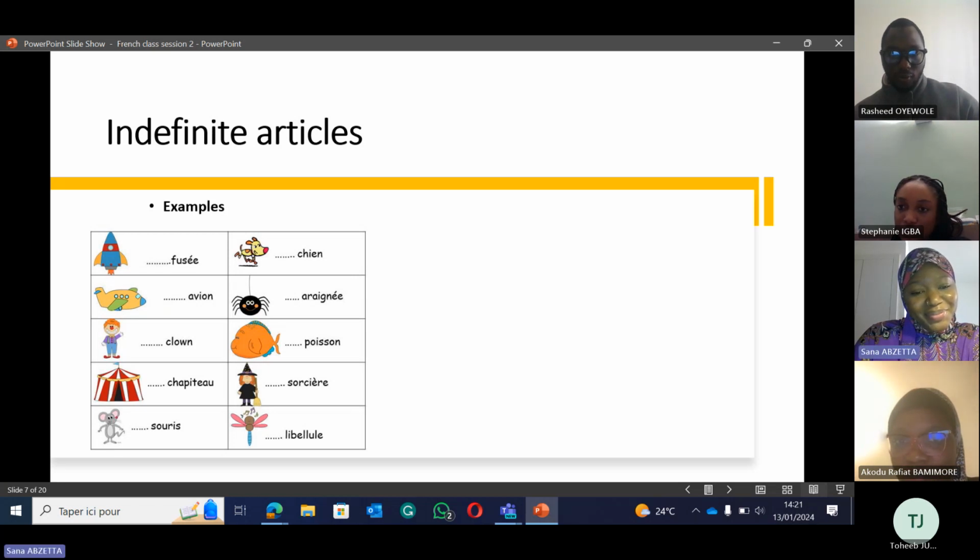Yes, Rafiat. Un souris. Okay. Here there is a small mistake because in French, souris is a feminine word.